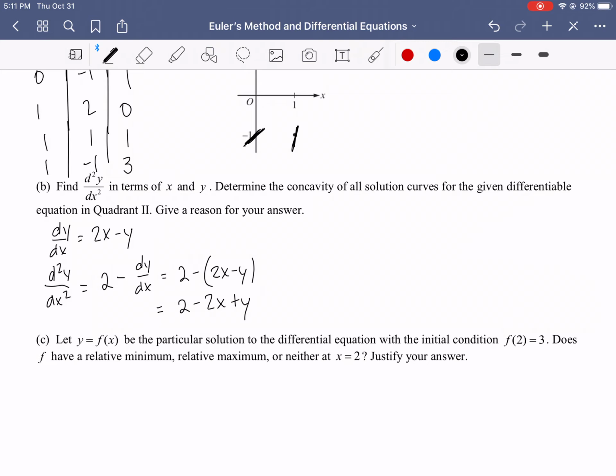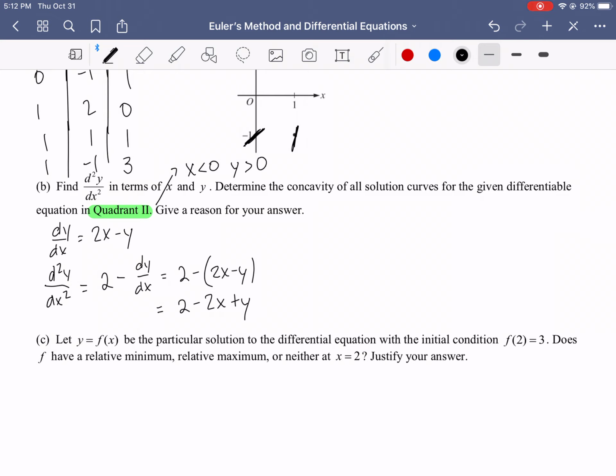Then determine the concavity of all solution curves for the given differential equation in quadrant 2. So the question is, what's special about quadrant 2? Well, in quadrant 2, what I know is that x is negative and y is positive.